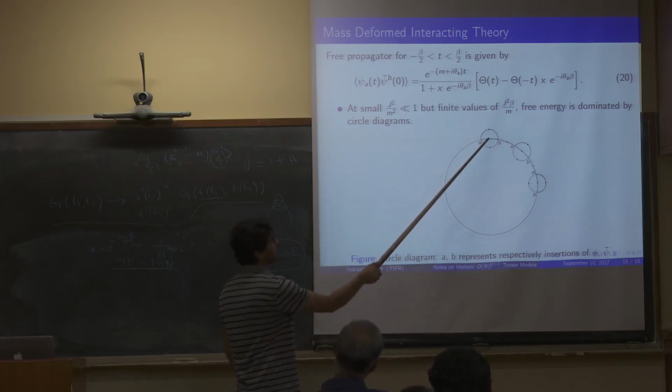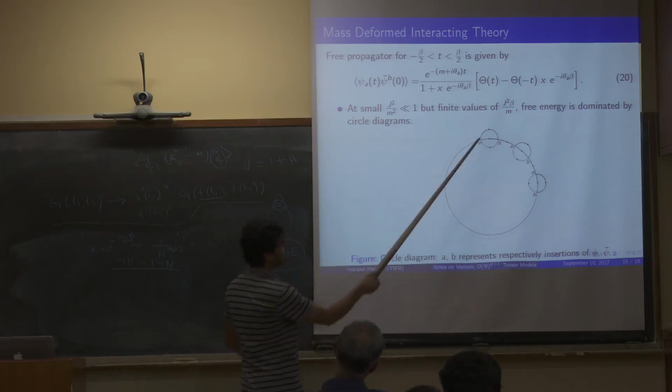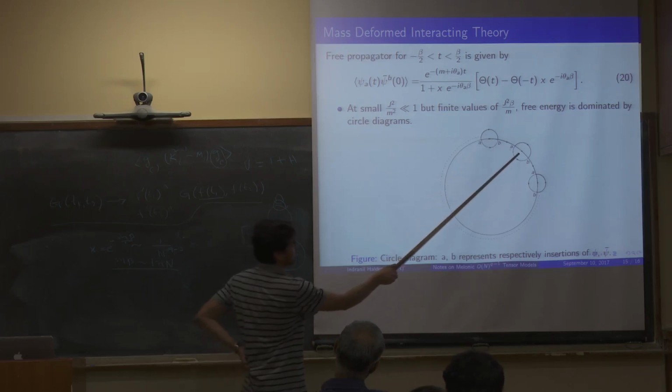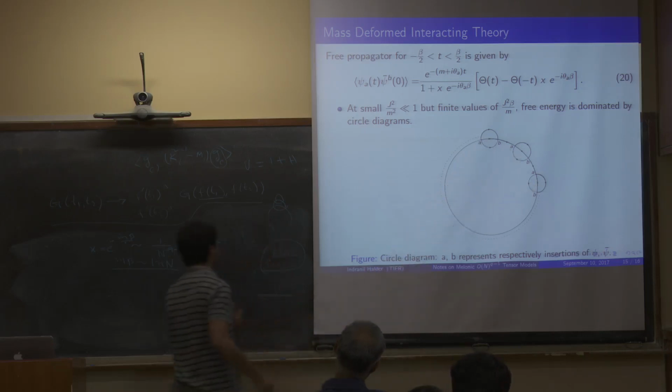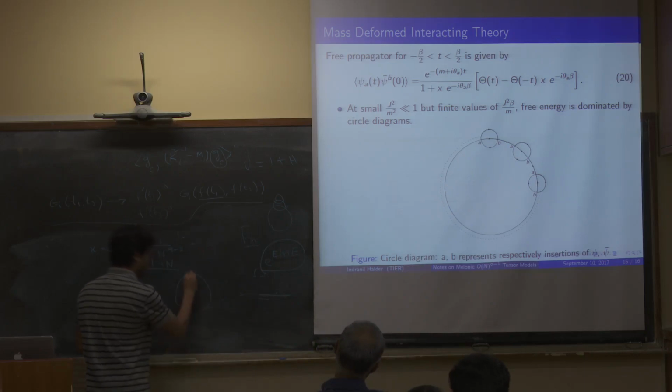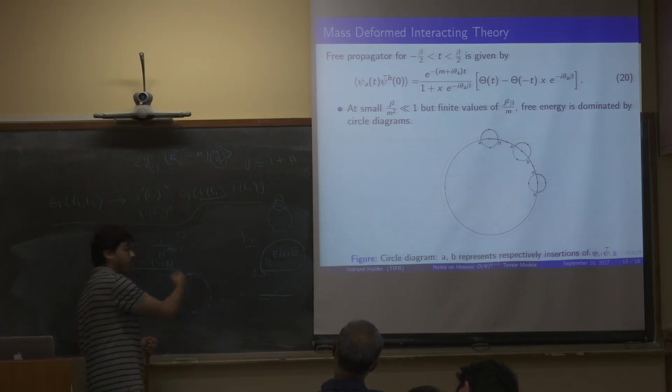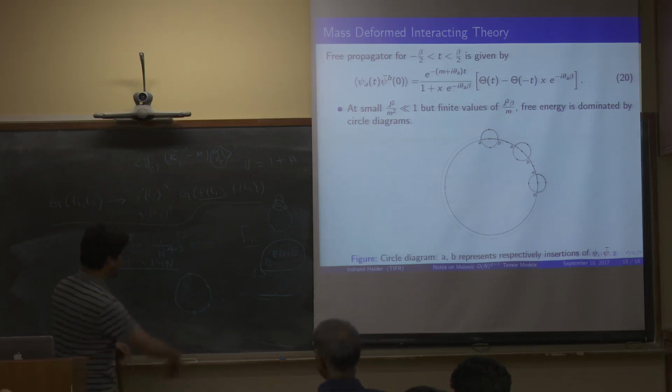and these blobs take very small times, so I am just considering blobs fixed at some points. Effectively, blobs are like points, they are not separated much in time, and all the external propagators are going forward in time. If all of them go forward in time, then you should have one factor of winding.